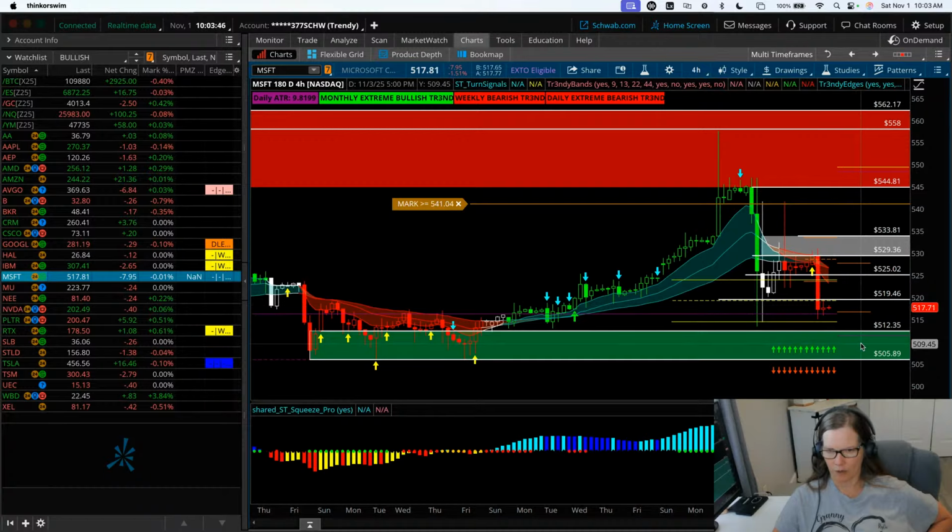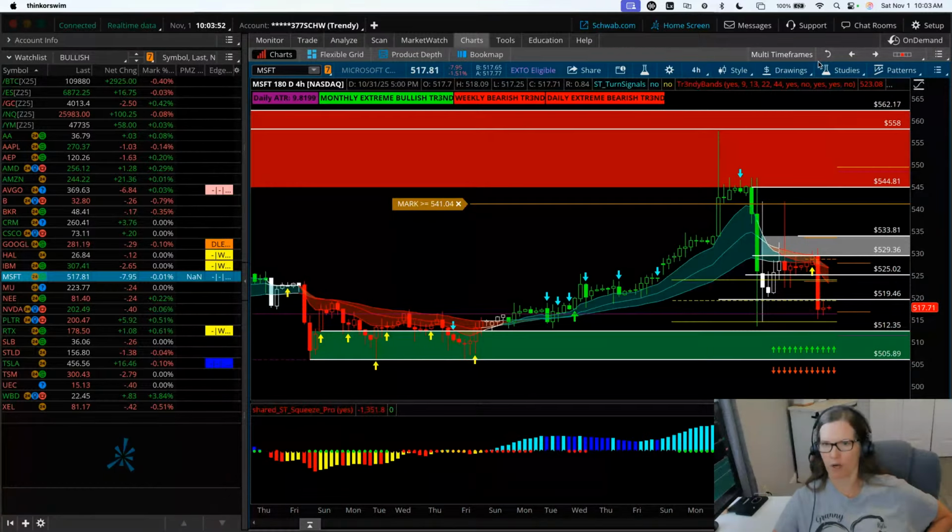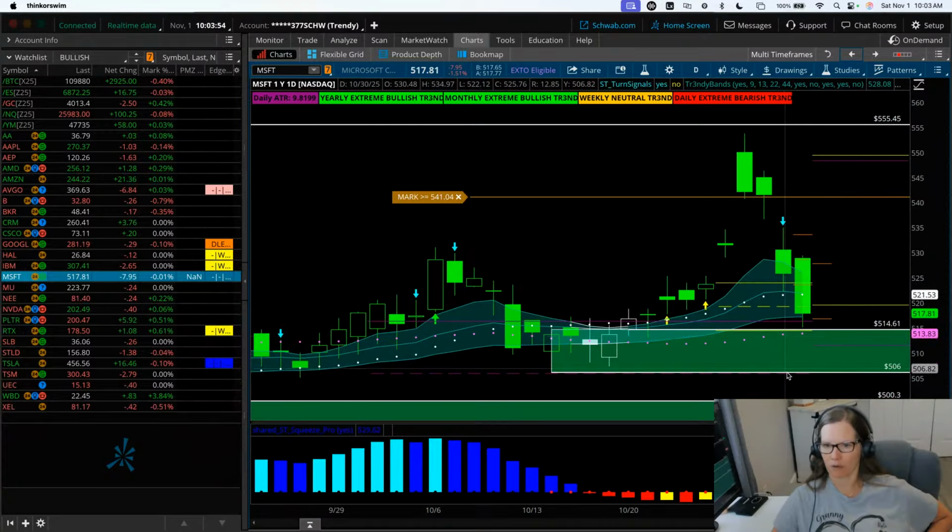Or I wait for a deeper pullback here on this daily chart, or this is a 4 hour, and wait for a deeper pullback into this zone and then give myself extra time.